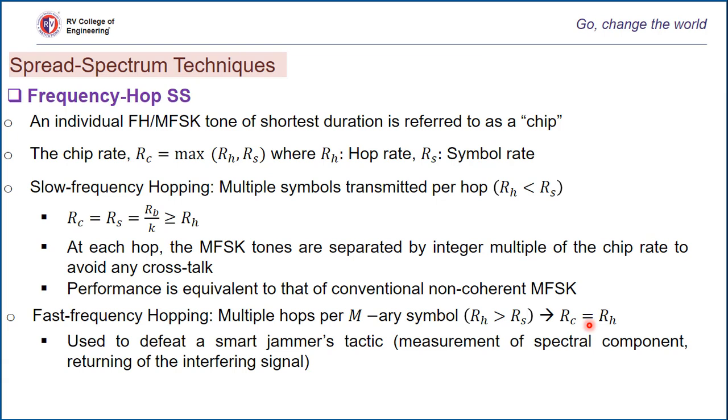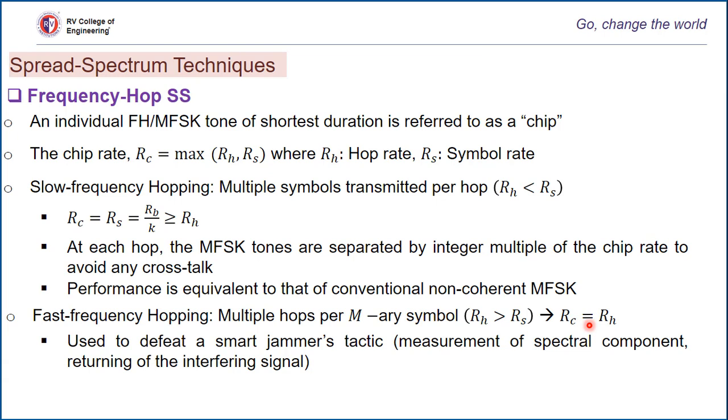A smart jammer who is trying to intentionally jam the actual information signal consists of two major functions. One is measurement of the spectral content of the transmitted signal. First, he will try to measure using any handheld spectrum analyzers, as I had stated in earlier videos.